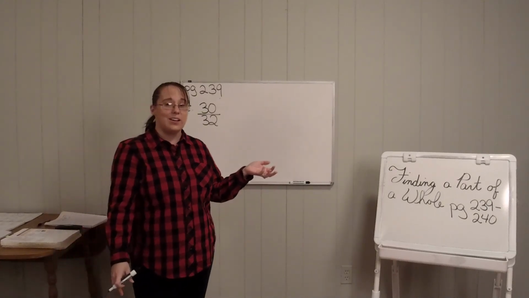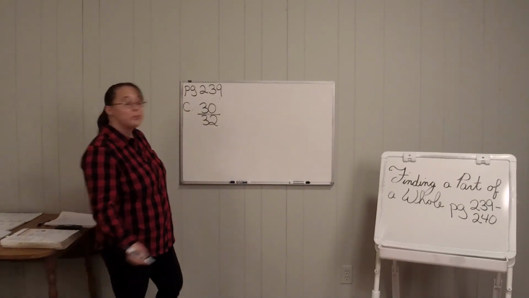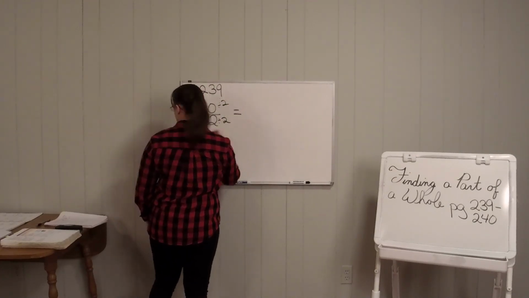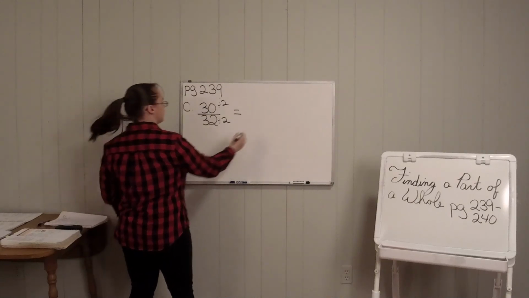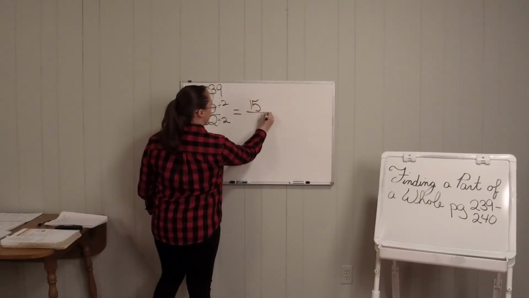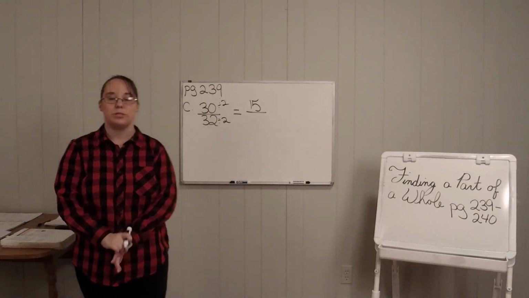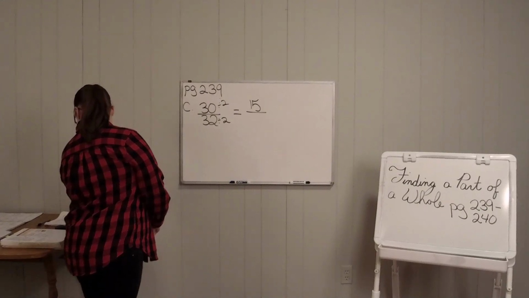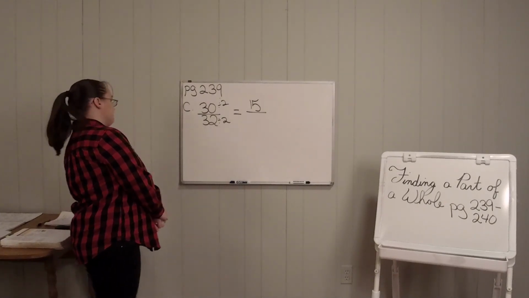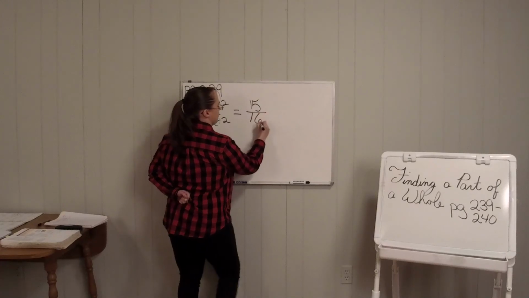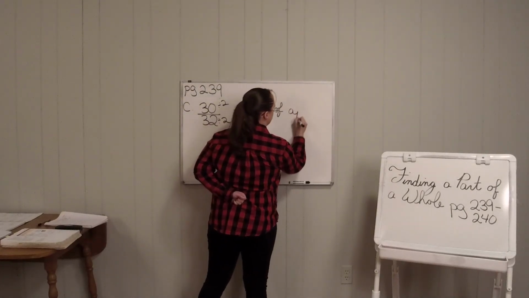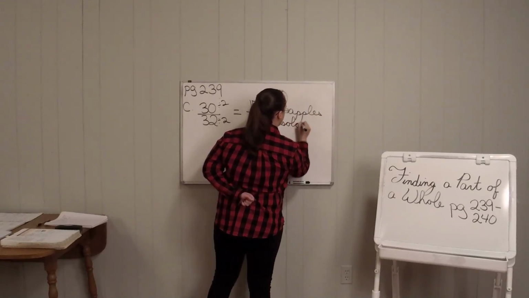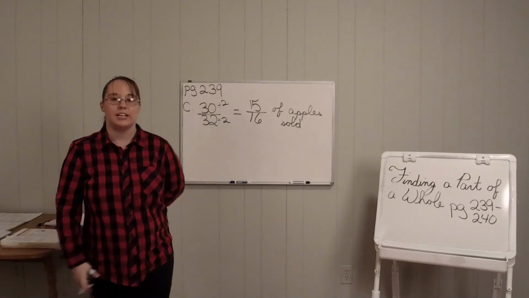I can tell you right now, you're going to have to reduce by 2. Think about what that bottom number could be when you're reducing that fraction. So it's 15 over 16 of apples sold.